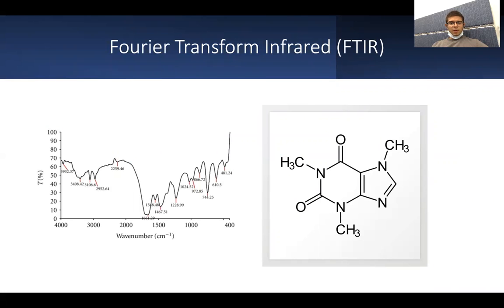So maybe the figure on the left looks familiar, and maybe the figure on the right looks familiar. Most people are familiar with the figure on the right, at least in everyday practice. That's the caffeine molecule. And now that I'm looking at it, it actually looks like a purine, one of the bases of DNA, the genetic code.